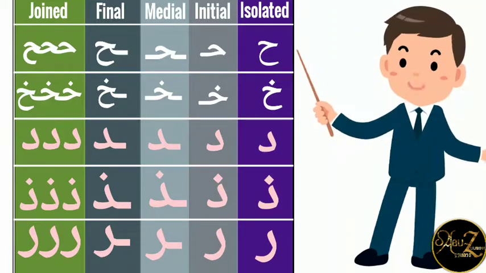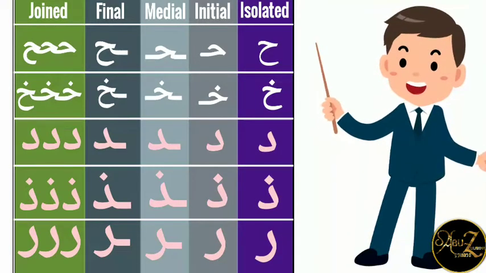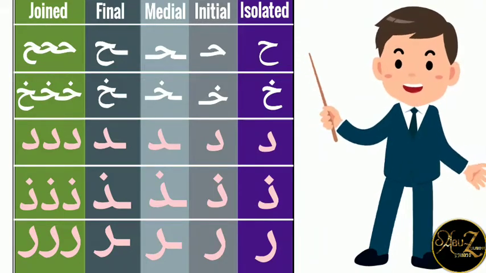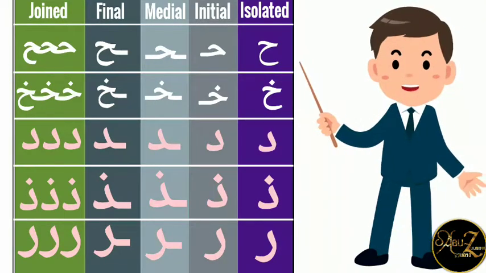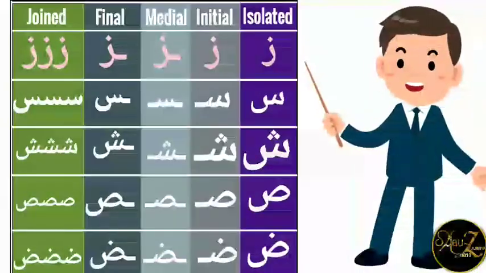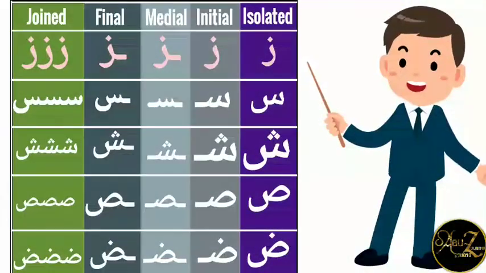Then if you observe, there are some of them with colors, which indicate those that do not obey the rules of changing in all positions, that is at the beginning of the word, in the middle of the word, or at the end of the word.